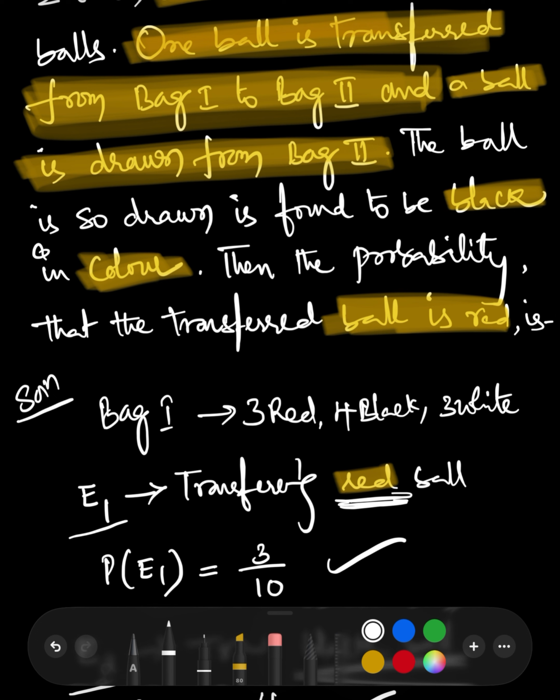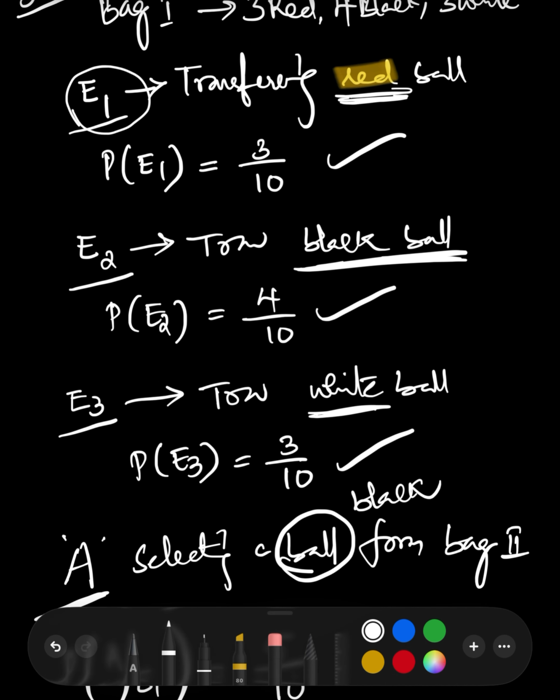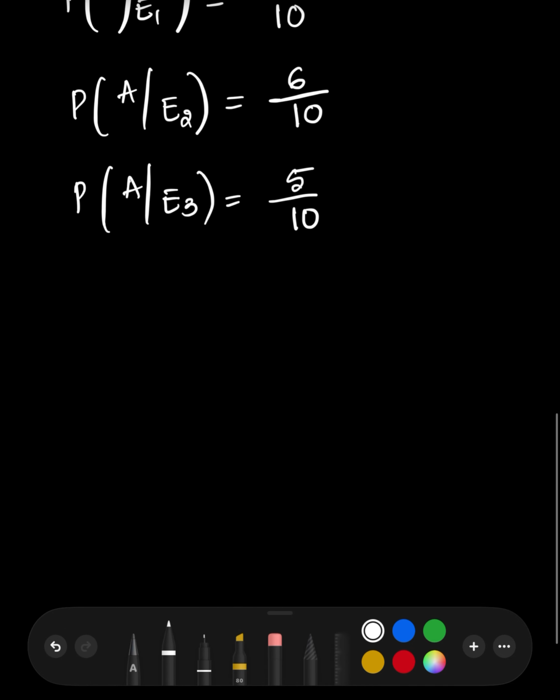The ball is found to be black in color, and we need the probability that the transferred ball is red. The event of red is E1. The already happened event is that the drawn ball is black in color.